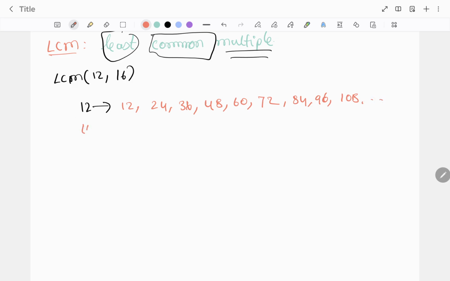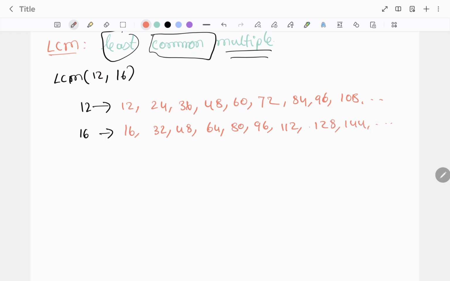Suppose if I want to write the multiples of 16: 16, 32, 48, 64, 80, 96, 112, 128, 144, and it goes.